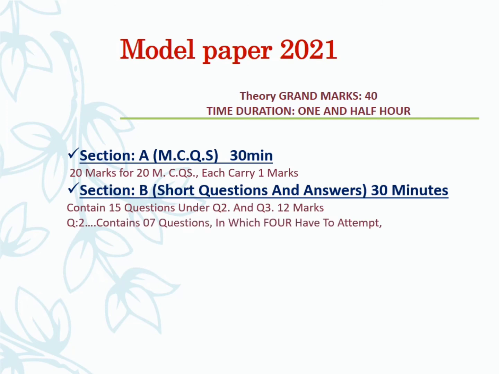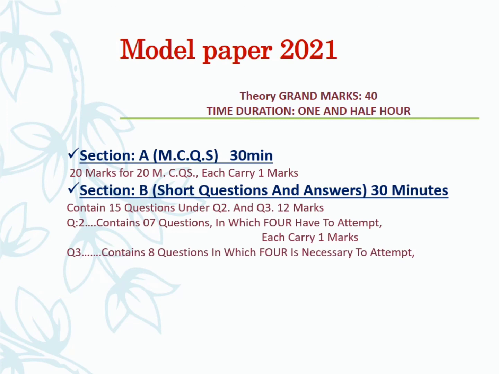Question number 2 contains 7 questions in which 4 have to be attempted, and each carries 1 mark, while question number 3 contains 8 questions in which 4 are necessary to attempt, each carrying 2 marks. Here I also mention that your answer should not exceed 2 lines for question number 2 of section B, not more than 2 lines and not less than 2 lines.